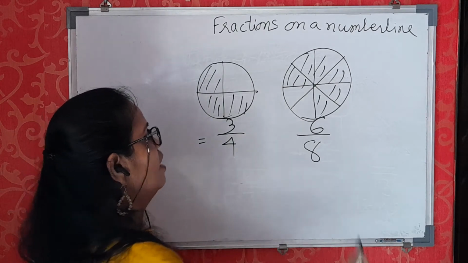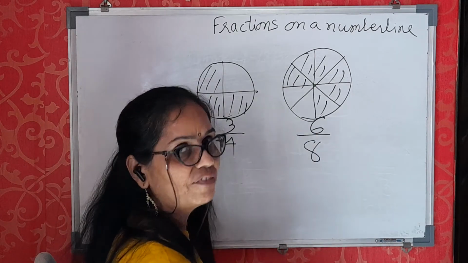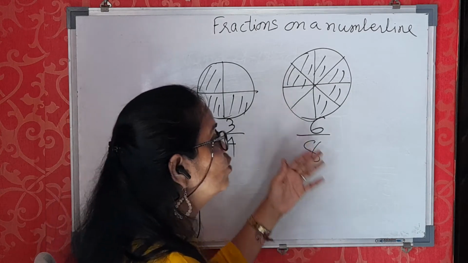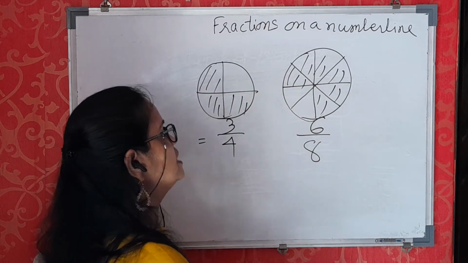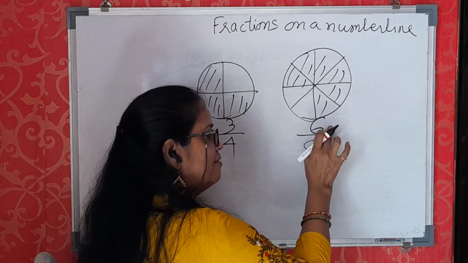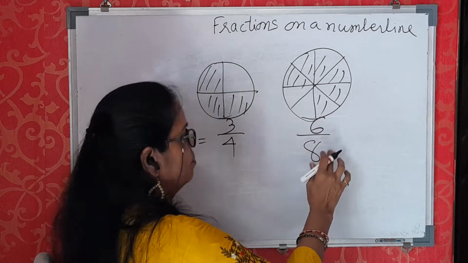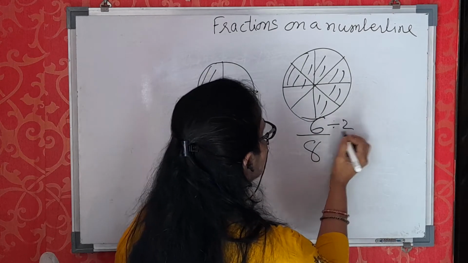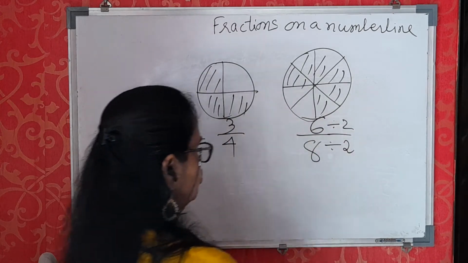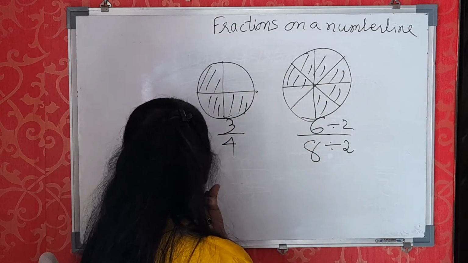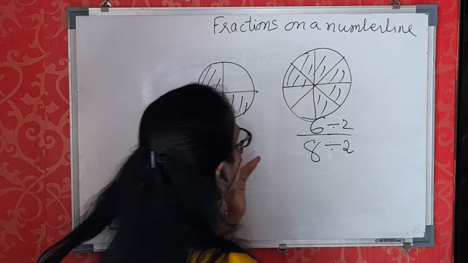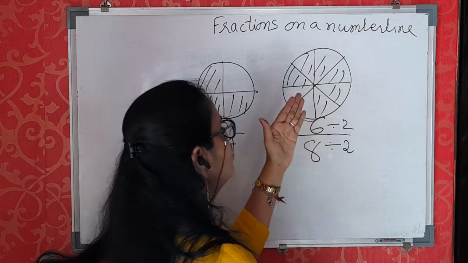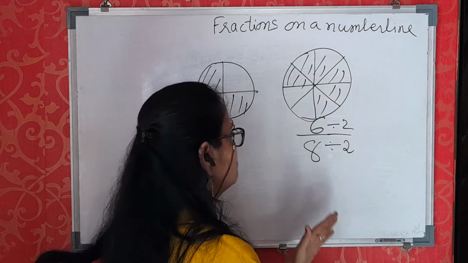I'll show you. Whenever you have fractions, you should always bring them to the lowest term. Here also an even number, here also an even number. So with even numbers always divide by 2. In a fraction, you can multiply numerator and denominator by the same number, and you can divide numerator and denominator by the same number.